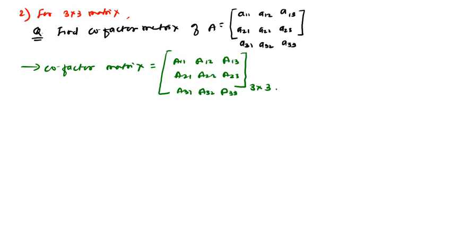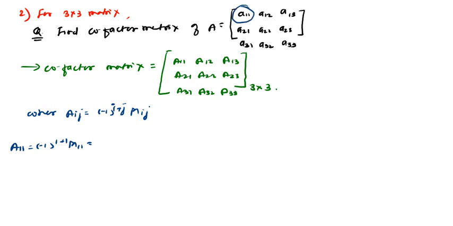Okay, so as I have told you, where this Aij is equal to minus 1 raised to i plus j into Mij. Okay, where that Mij is the minor of the element Aij. Okay, so firstly we'll find this capital A11, which will be minus 1 raised to 1 plus 1 into M11, where M11 is the minor of the element A11.